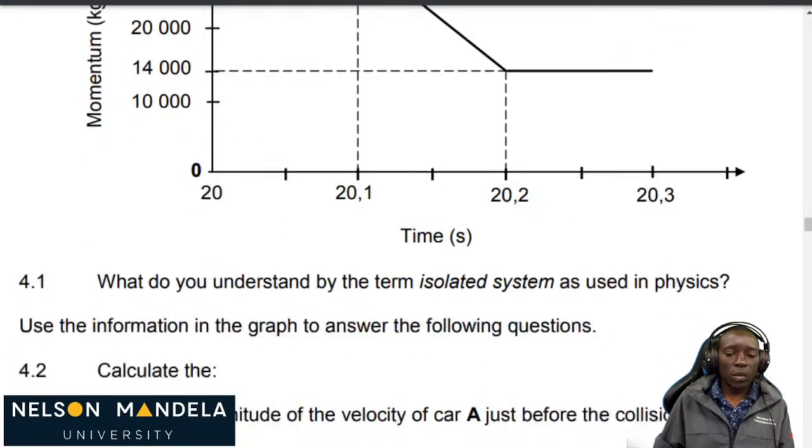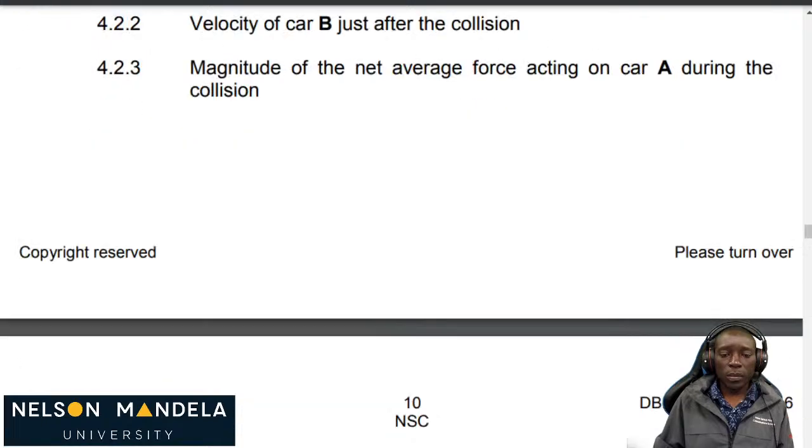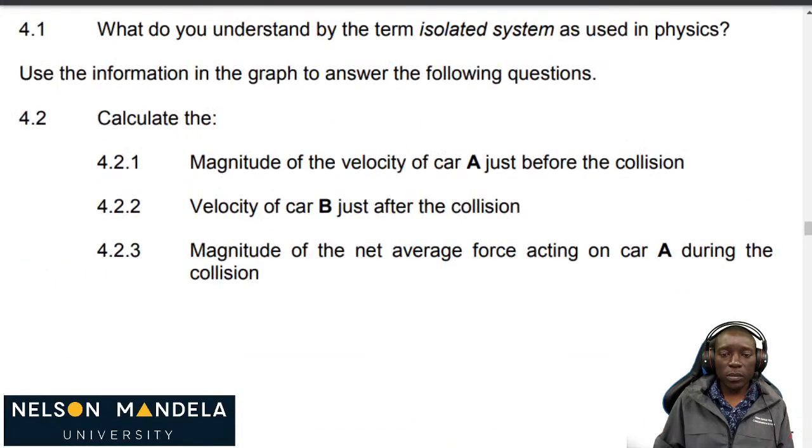With that, the magnitude of velocity of car A just before collision. Just before collision, car A has that momentum and car A has that mass. So we have initial momentum equals the mass times initial velocity.